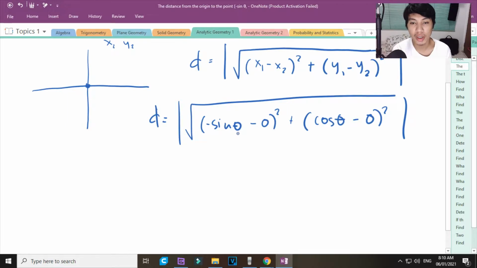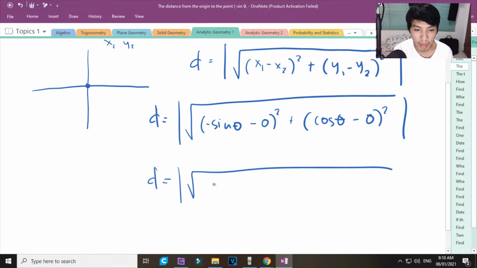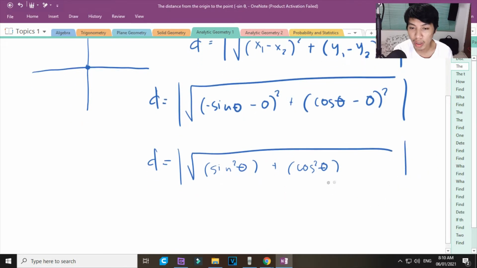Sine squared, okay, D. You are now, square mo yung negative, magiging positive. Sine squared theta plus, square mo ulit to, cosine squared theta. Now, recall your trigonometric identities. Diba, this is a Pythagorean identity.